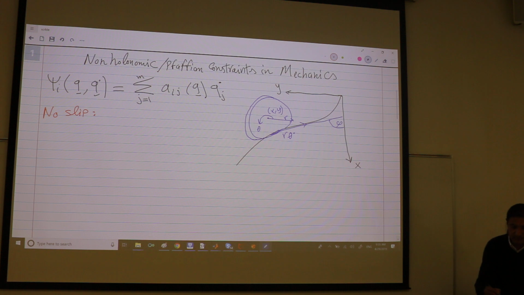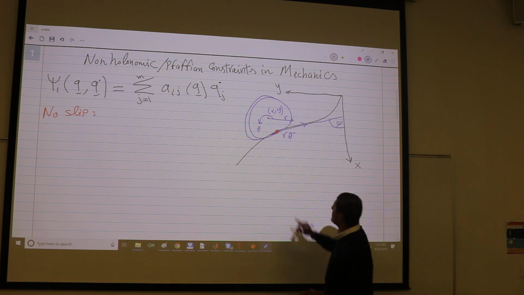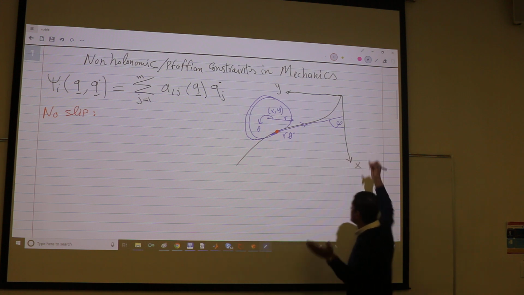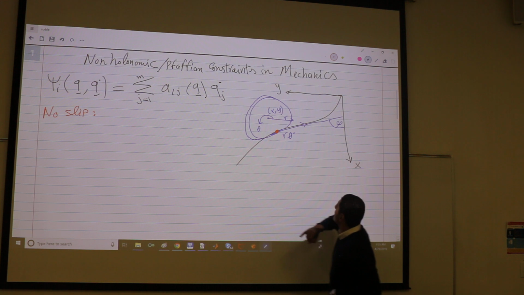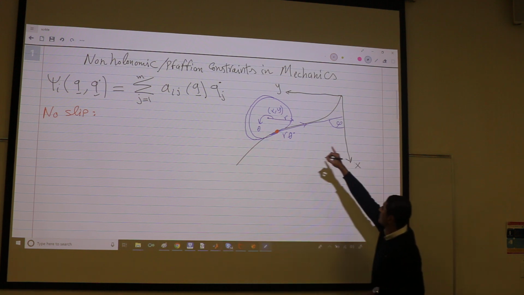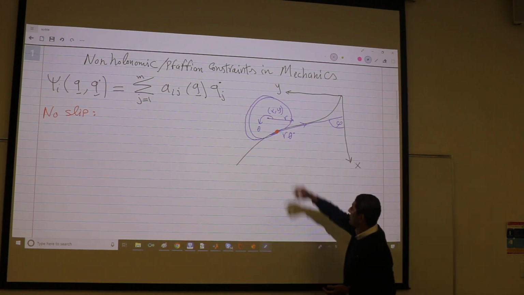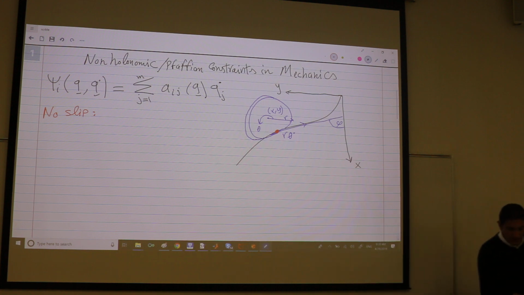as the relative velocity being 0, right? At the contact point, because the floor is stationary, the velocity there is 0. Now we have two contributions, coming from x and y of the center plus r theta dot. So x dot, in the opposite direction we have r theta dot cosine phi, equals 0.